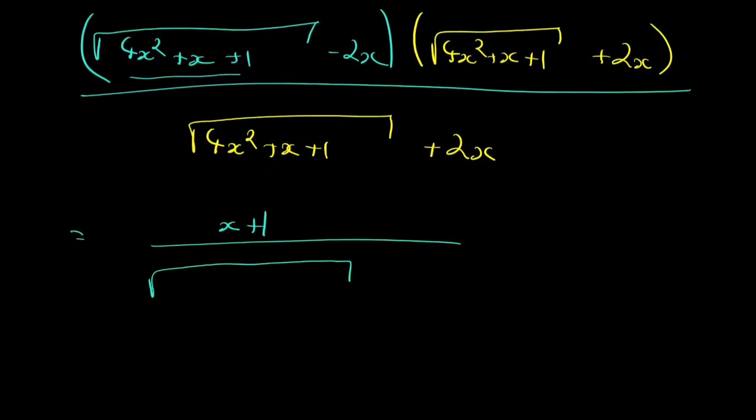We will have square root of x squared times 4 plus 1 over x plus 1 over x squared, plus 2x.